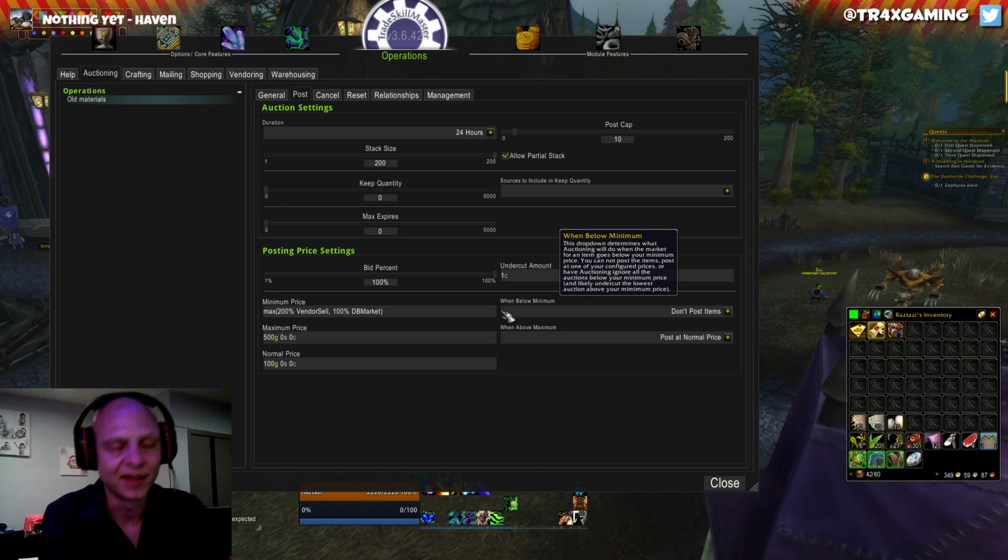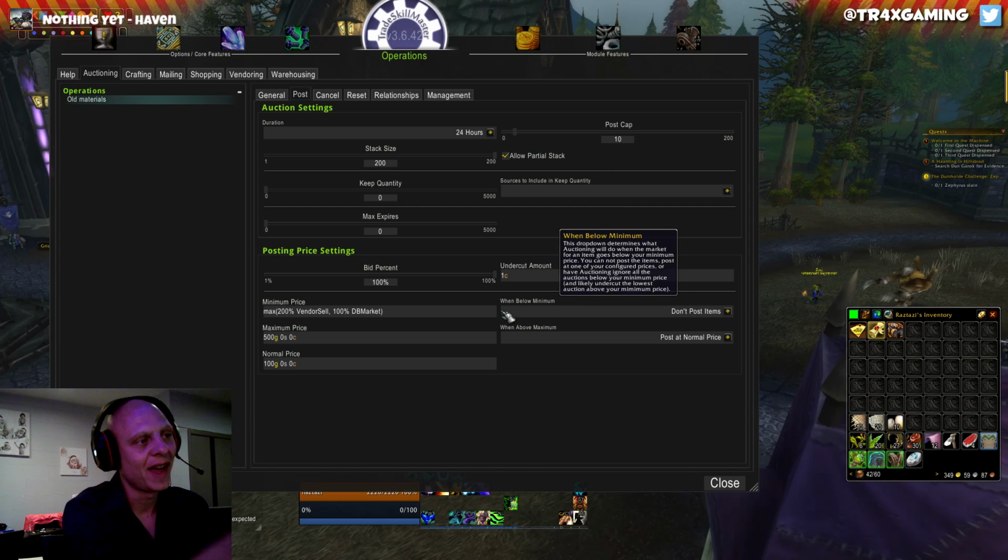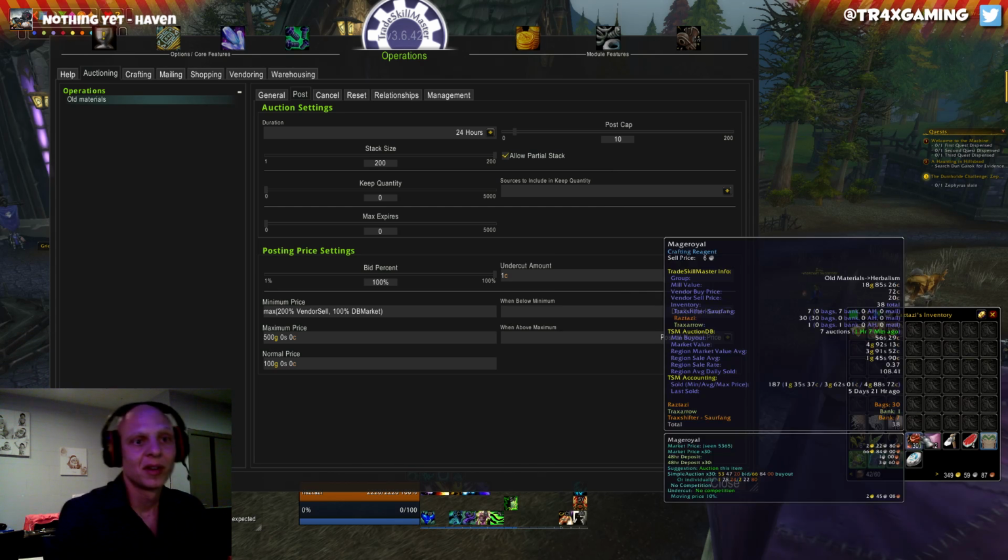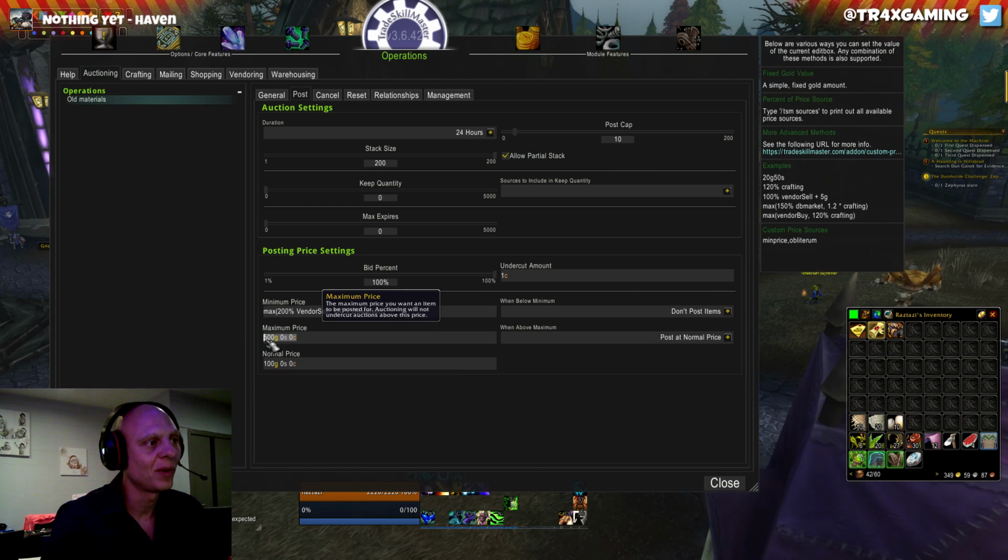This is a valid TSM source. It is going to pick the highest value of these two items, 200% vendor sell or 100% DB market, whichever is the highest. This is a valid price for these items.